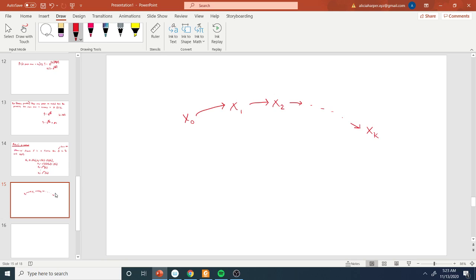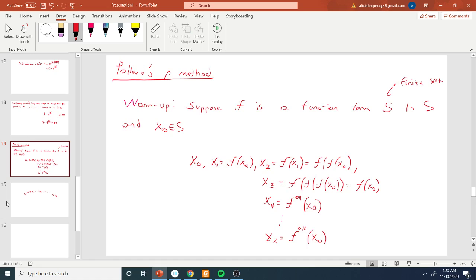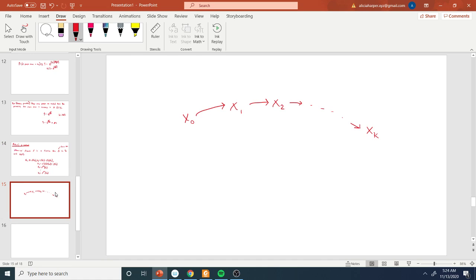So eventually, at some point, you have to go back to something that you've already hit. If you imagine every one of these elements is a different element, well, because our set S is finite, eventually, simply by exhaustion, you have to hit something that you've already hit again. And so you end up with a pattern like this.